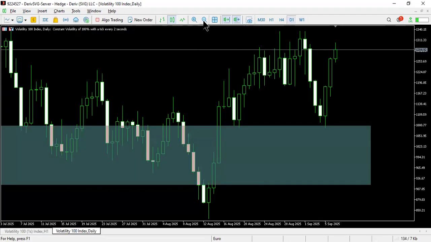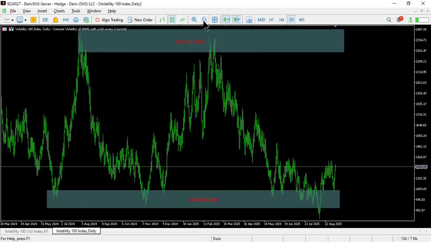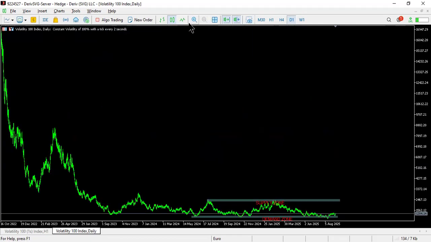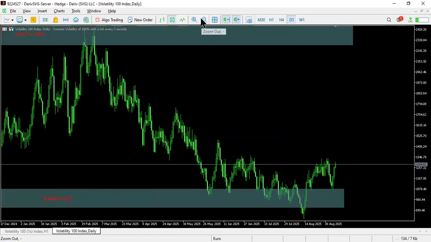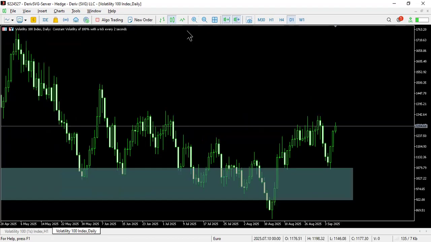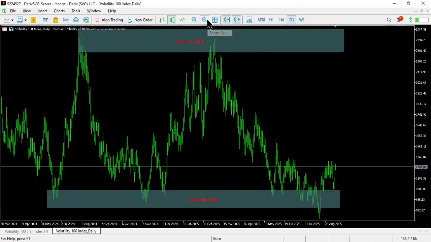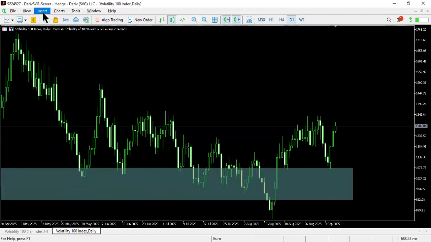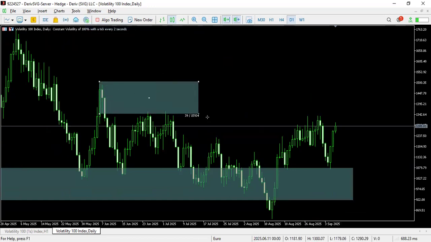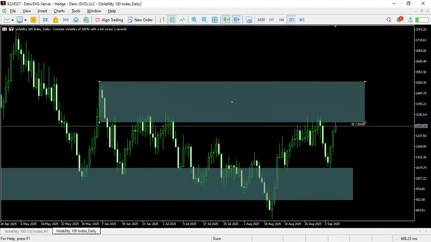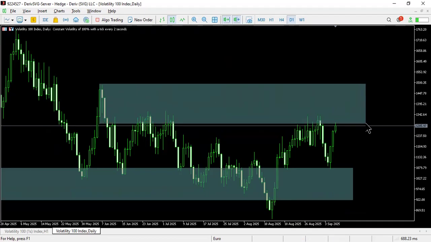And then if we go to the daily time frame, from the daily time frame, price is still currently reacting at this demand zone. But from the daily, we can mark the resistance that is holding price.